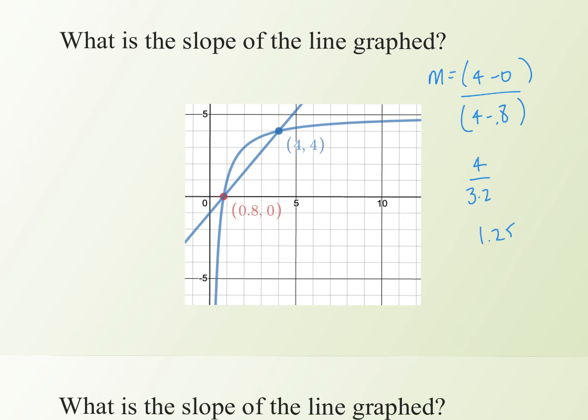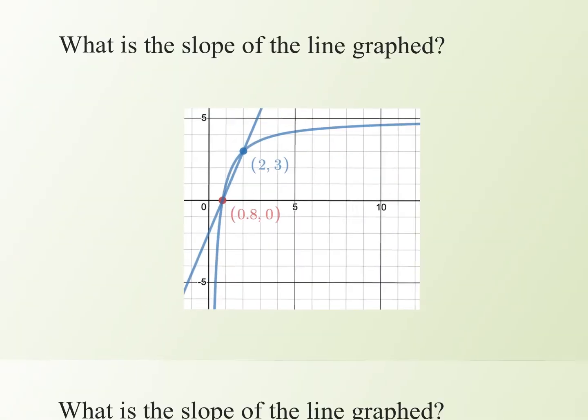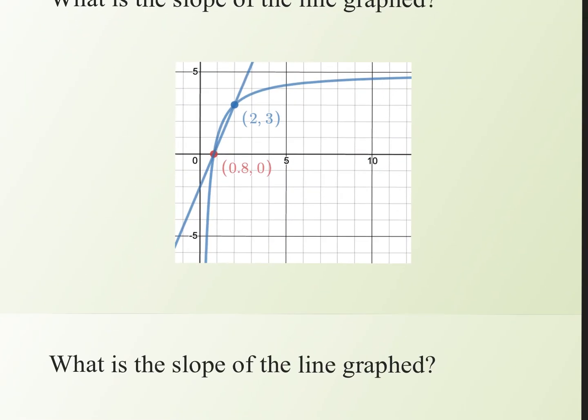All right, so again, getting to be a better description of the line tangent at this red dot. I'm still not very confident in it though. So let's get these even closer, again, getting closer and closer. Let's find this slope. So change of y, 3 minus 0 over change of x, 2 minus 0.8 gives us 3 over 1.2, which is 2.5.